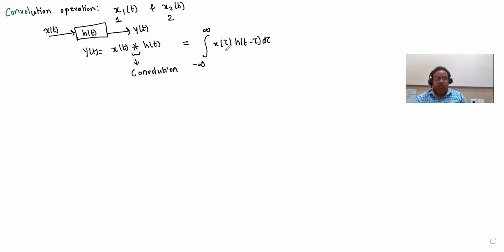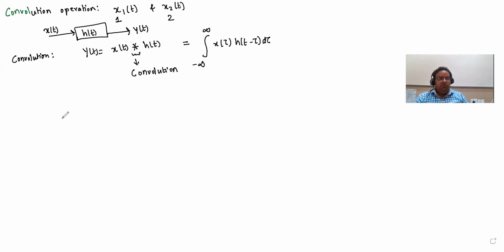Essentially, we have x of tau, h of t minus tau, d tau, integrated from minus infinity to infinity. This is known as having performed convolution between x of t and h of t. This is the general mathematical definition, the mathematical formulation of convolution.